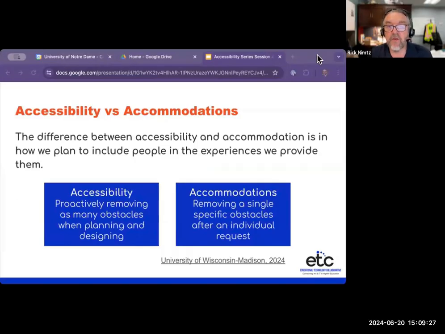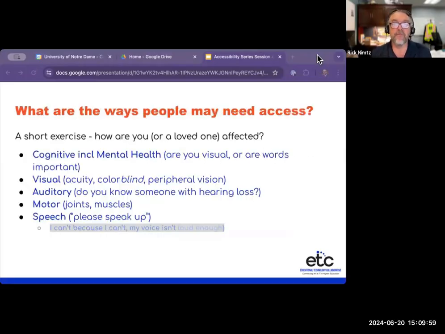Accessibility is a proactive process where we think about and plan for accommodation that will be needed in the future. And accommodation is when someone needs a certain physical or maybe even mental change in the way that they interact with the things that we provide, when somebody asks us for something and then it's provided for them.